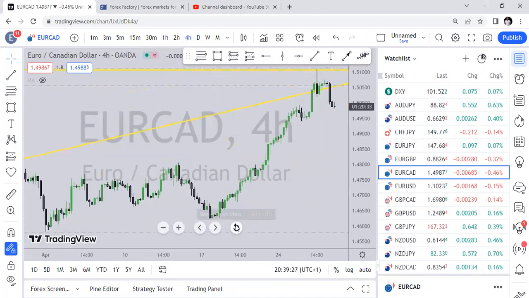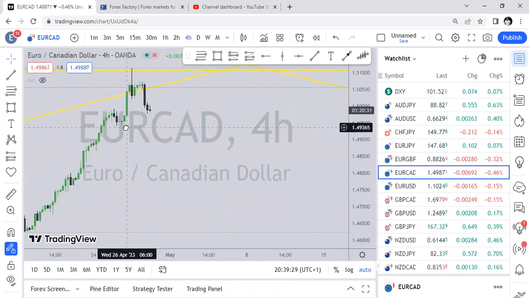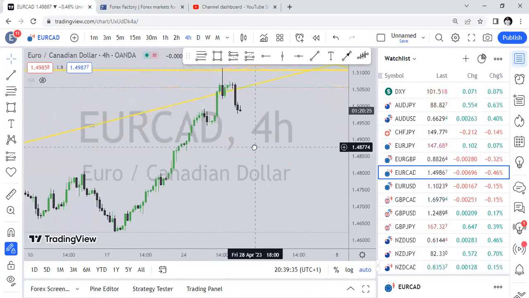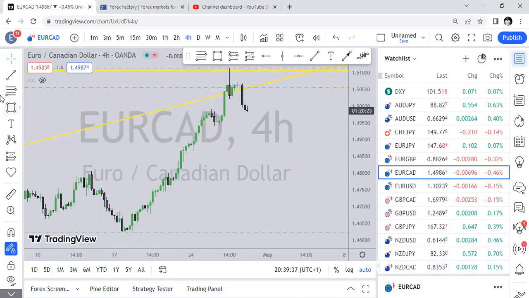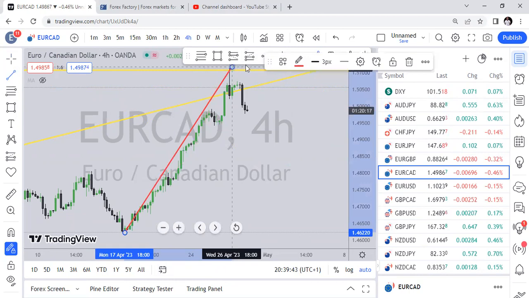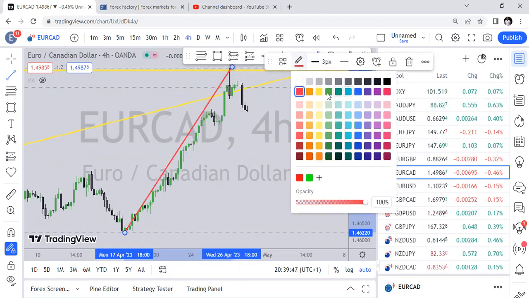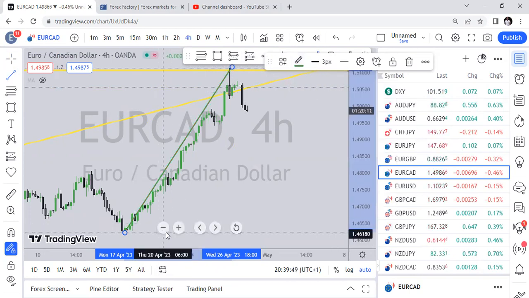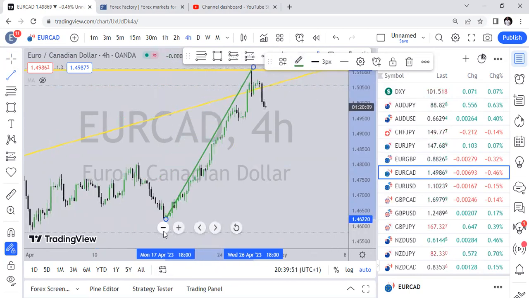The 4-hour is giving signs that a sell-off is coming, because see again in the 4-hour, that's another impulse swing that is forming.